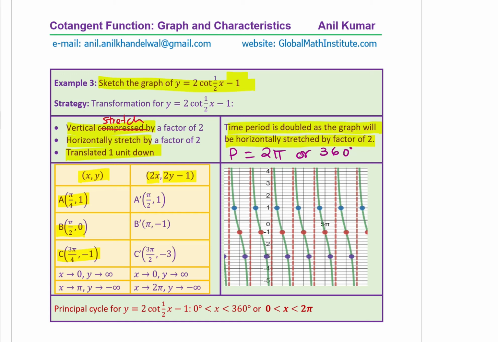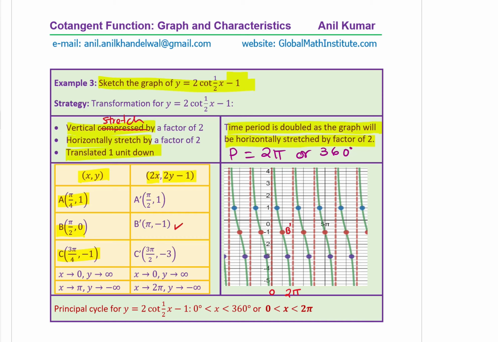Now let us observe these points in the principal cycle, which is right here from 0 to, in this case, it becomes 2 pi, right? From 0 to 2 pi. Now, within this principal cycle from 0 to 2 pi, we observe that the point B dash has moved 1 unit down, perfect, as it is reflected here.